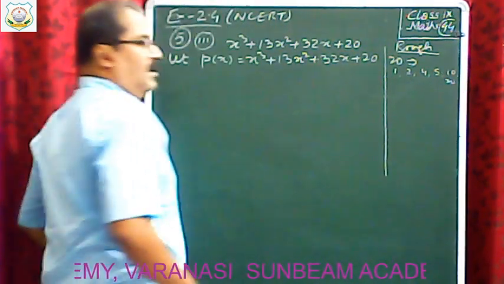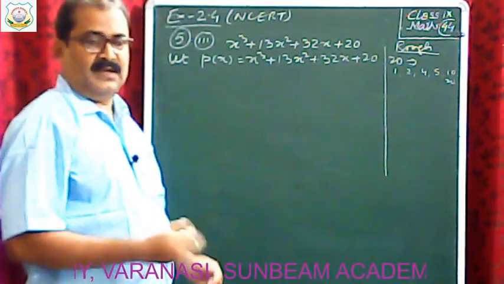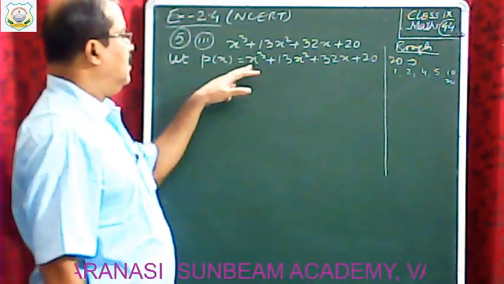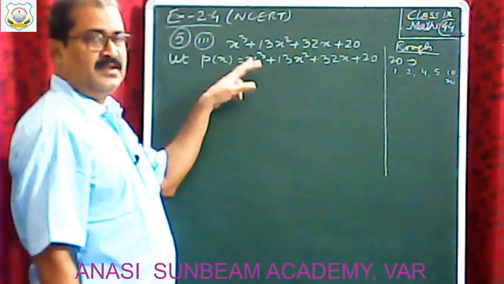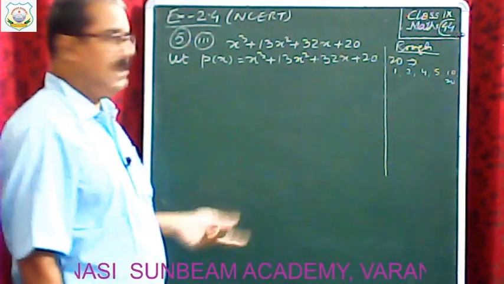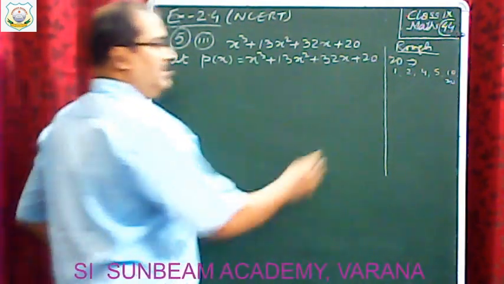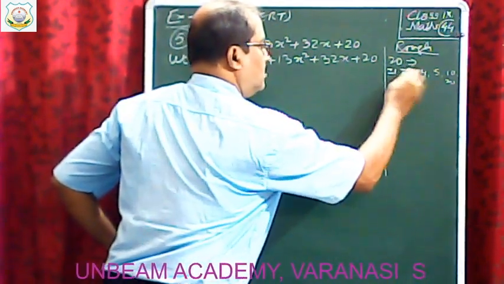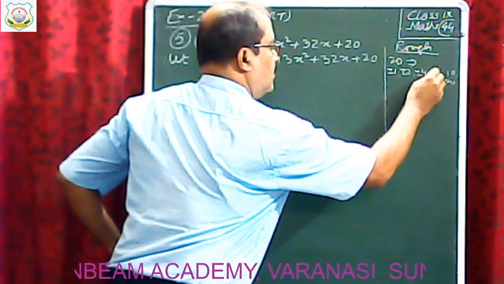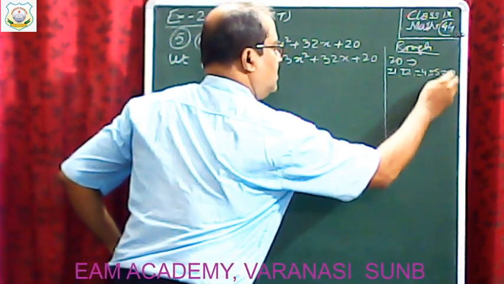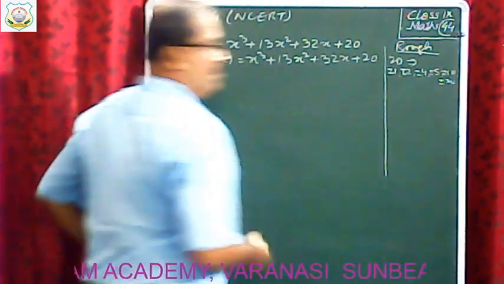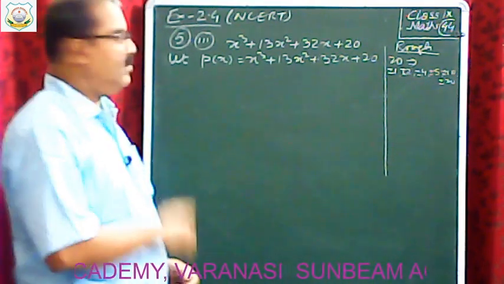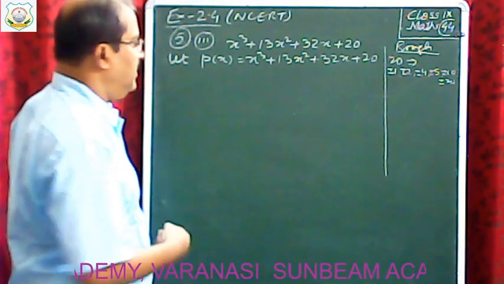Taking the factors of 20, we have to put them in place of x one by one. You have to consider plus and minus both. Put plus 1; if we get 0, then no problem. Otherwise put x equal to minus 1. In this way you have to proceed roughly or mentally.